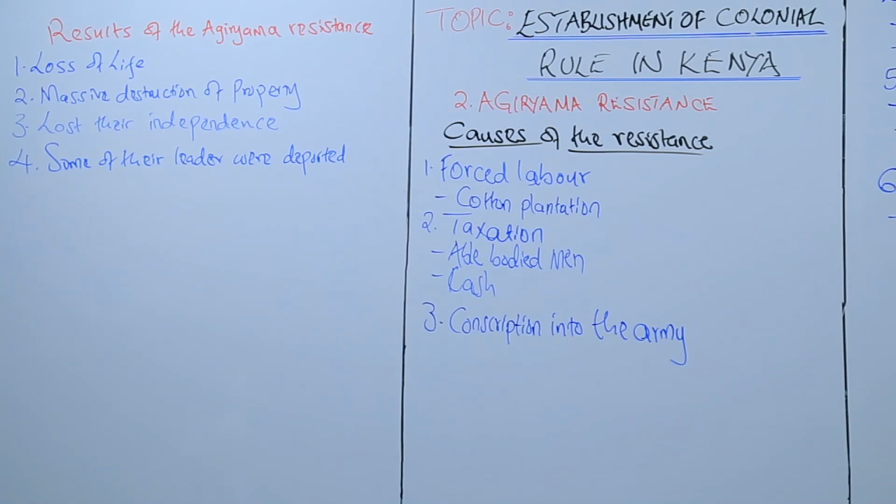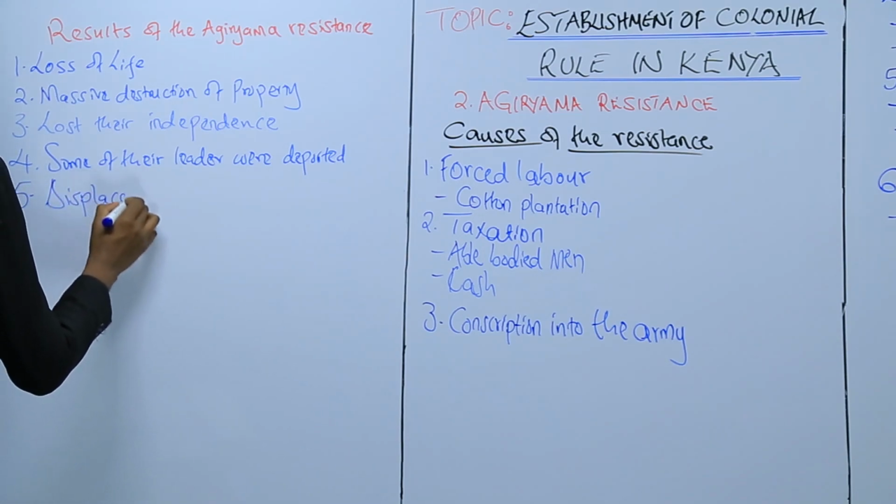Remember, we mentioned Mekatilili Menza was deported, and Wanje were deported to Kisii because of leading the society in resistance against the British. Then, apart from that, they were displaced.